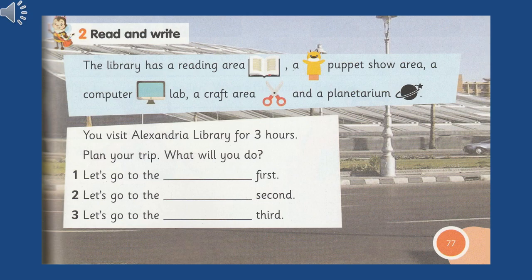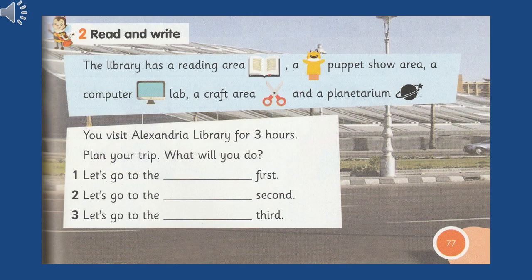What will you do? So now, you know the places in the library? Let's read the box again. The library has a reading area, a puppet show area, a computer lab, a craft area, and a planetarium. So how many places do we have in the library?